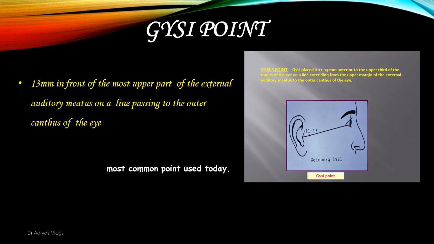Next one is the Geisy point. This is 11 to 13 mm anterior to the most upper part of the external auditory meatus, on a line passing to the outer canthus of the eye. So this is 11 to 13 mm anterior to the upper third of the tragus of the ear, on a line extending from the upper margin of the external auditory meatus to the outer canthus of the eye.